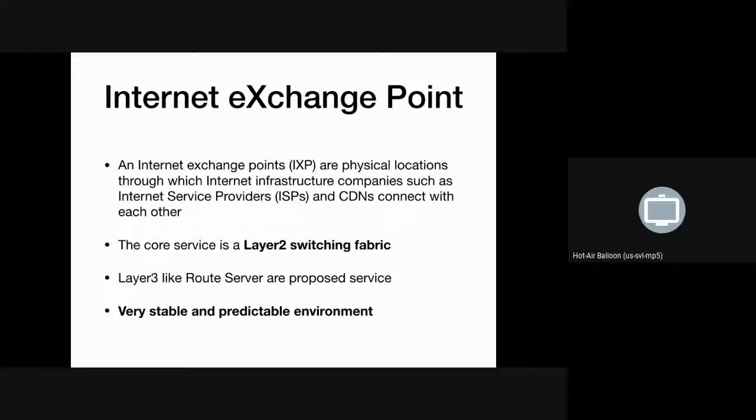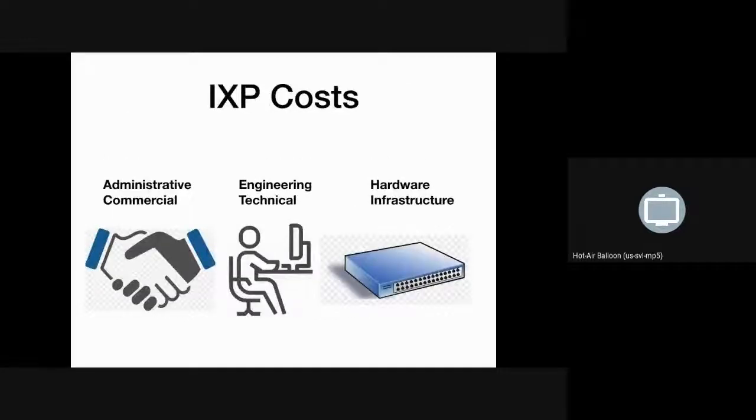Then depending on the type of internet exchange and the size of it, you have different types of tasks and people and organizations, and different types of cost associated with it. Then the administrative and commercials, if it's a commercial internet exchange, the engineering and technical parts, and you have also the cost for the hardware itself, for renting the racks and so on, fibers.